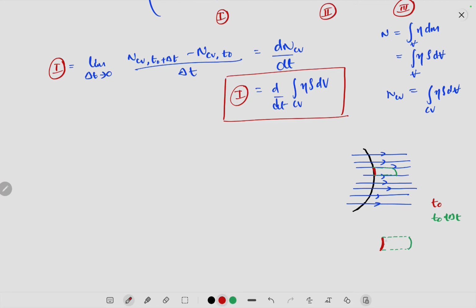This is my dA vector and this is my velocity vector, correct?